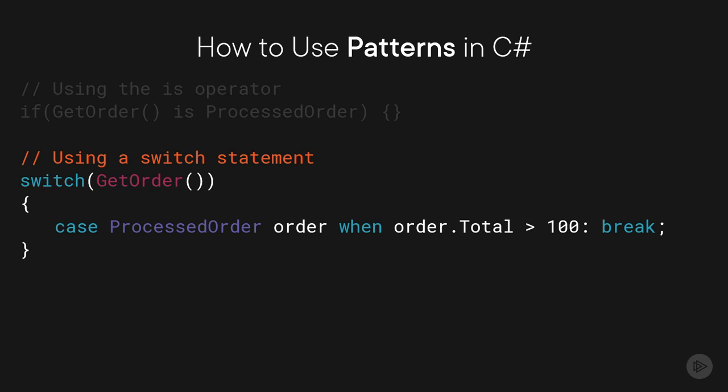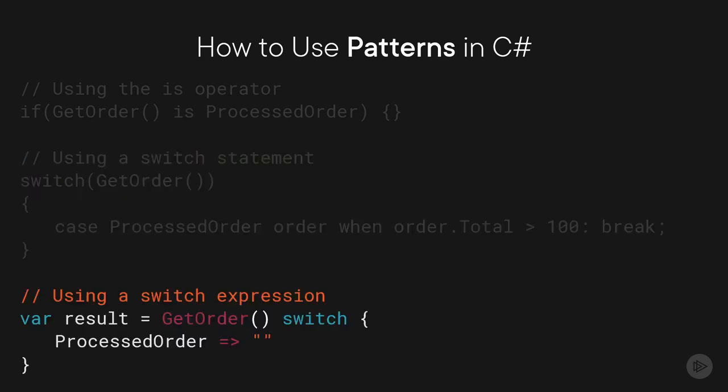The order will be the actual type that you matched on, and also available in the case block. The third and final way is to use this with what is known as a switch expression. This is what many developers will prefer, as it's more compact and usable in many different situations.